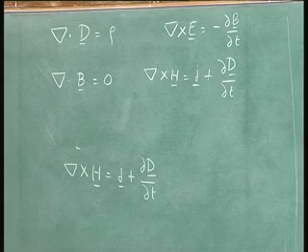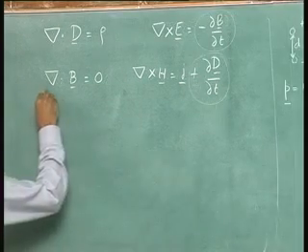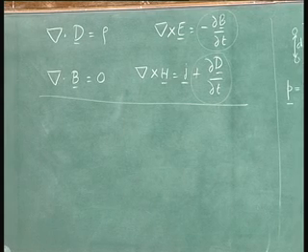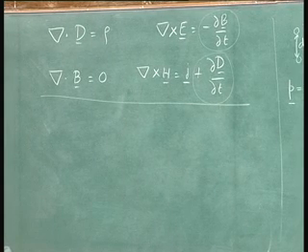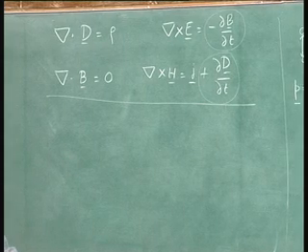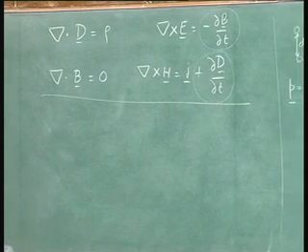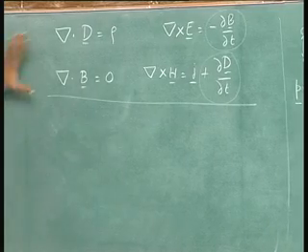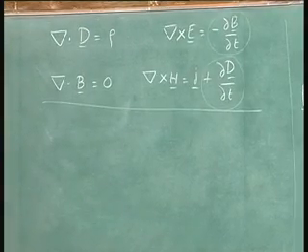Now, this system of equations, these are what are called Maxwell's equations, are very powerful, and we will spend the next few lectures looking at just what they are saying. But I want to go back to something I said last time in order to emphasize why these equations are important.